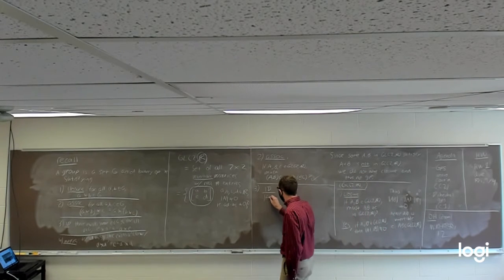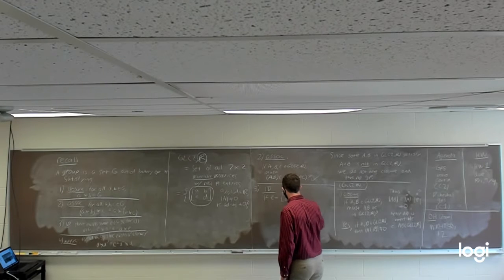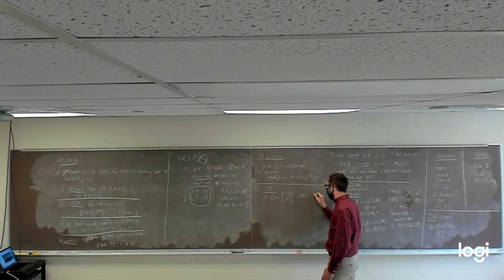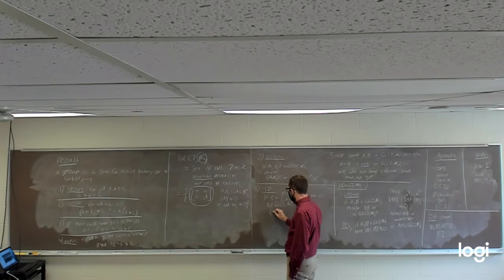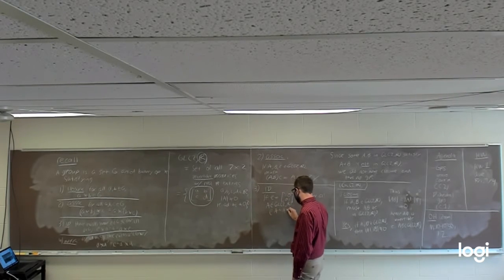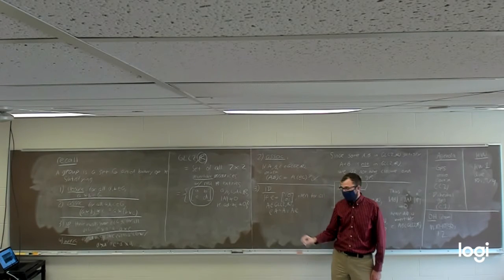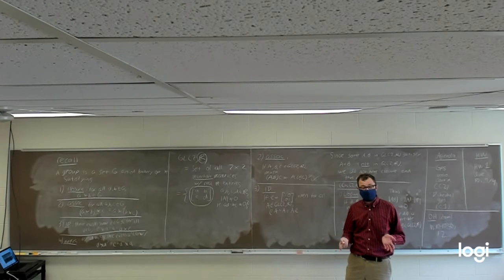We can say if E is equal to the identity matrix, 1, 0, 0, 1, then it is going to be the case that for all A in GL2R, E times A is going to give us A, which is going to give us A times E. By the way, is the identity matrix itself an invertible matrix?